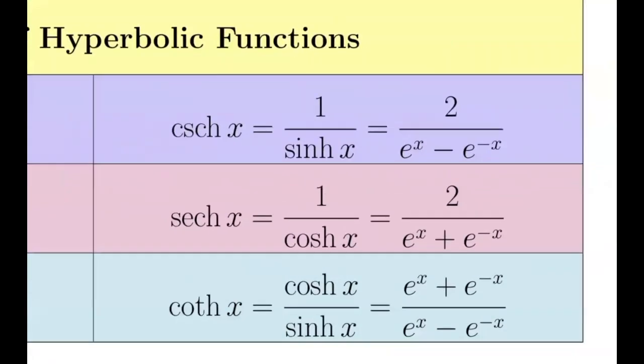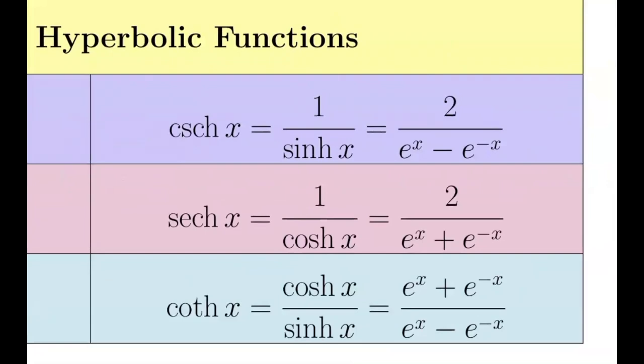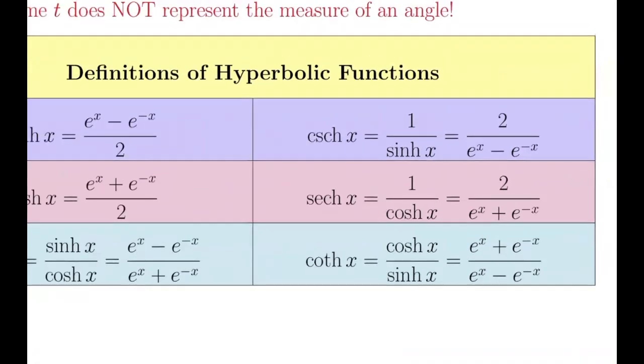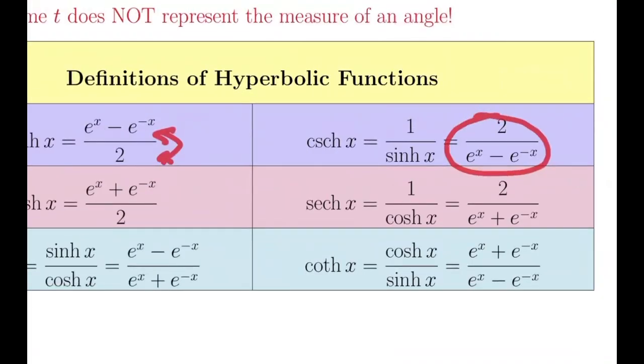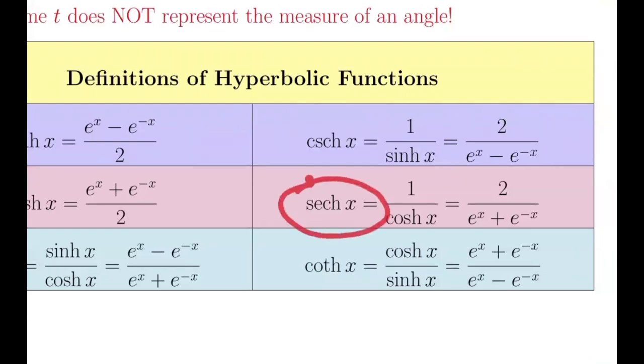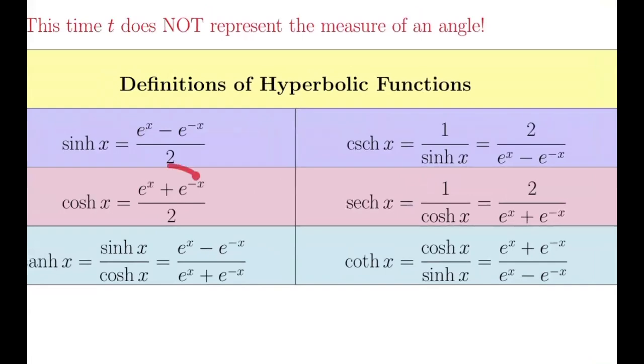Next up, we have the hyperbolic cosecant function, pronounced cosech, and this is the reciprocal of sinh of x. So you just flip that fraction. You'll have 2 over e to the x minus e to the negative x. And then we have the hyperbolic secant function, which is pronounced sech of x. It rhymes with fetch. And this is the reciprocal of cosh of x. So you just flip that fraction.